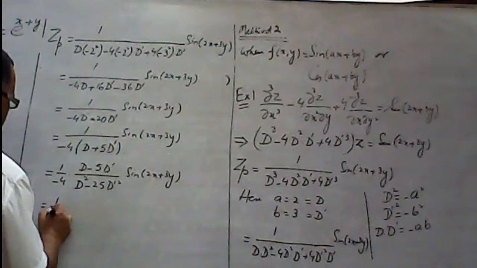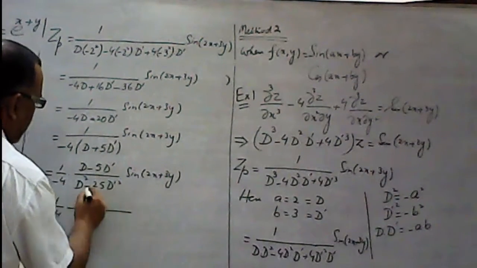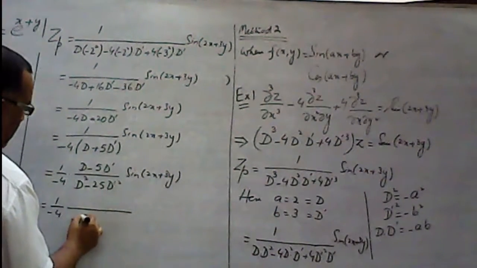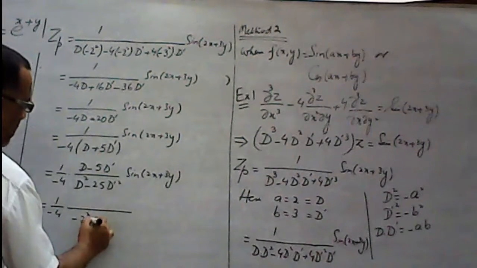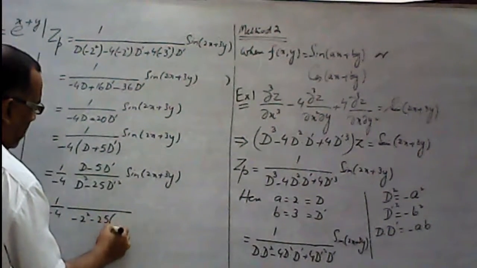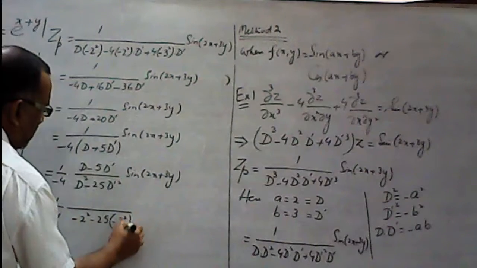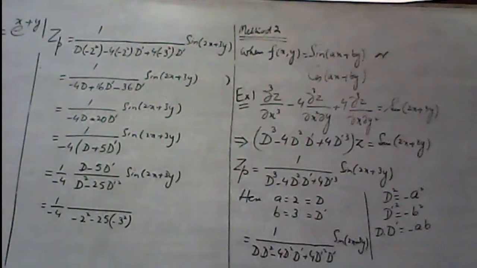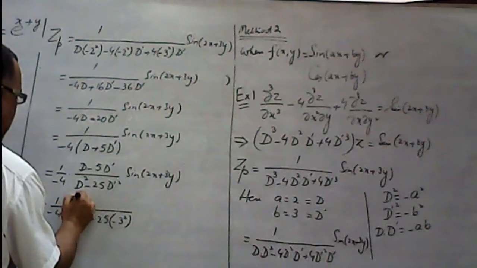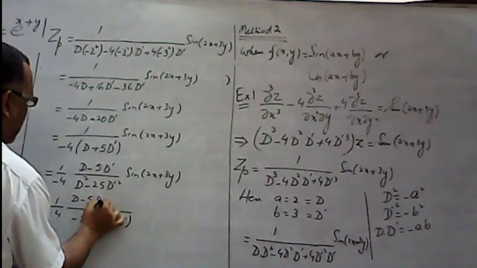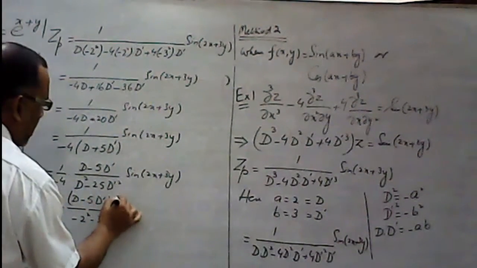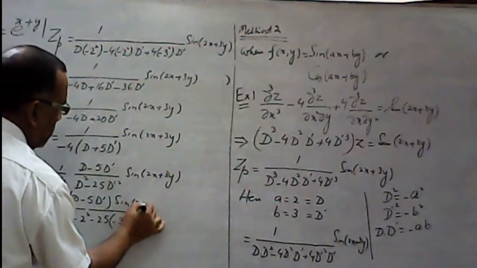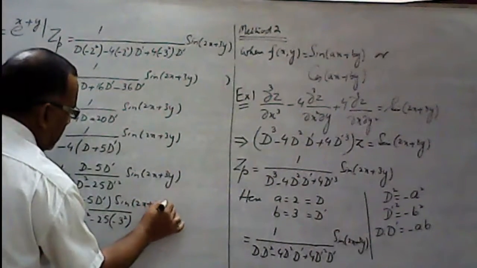So now we have 1 upon minus 4. In denominator we write minus a squared minus 25 and minus b squared. In numerator, D minus 5D dash will be applied on sin(2x+3y).